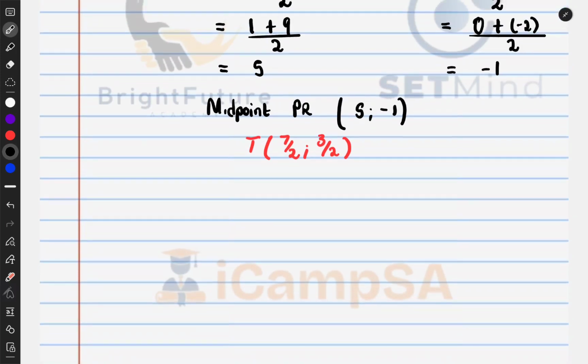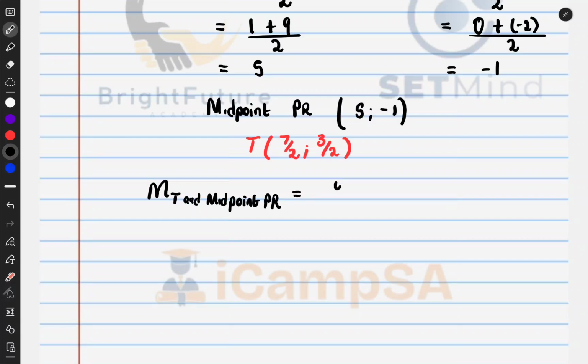So to calculate gradient MT, the gradient of the line that passes through T and the midpoint of PR.